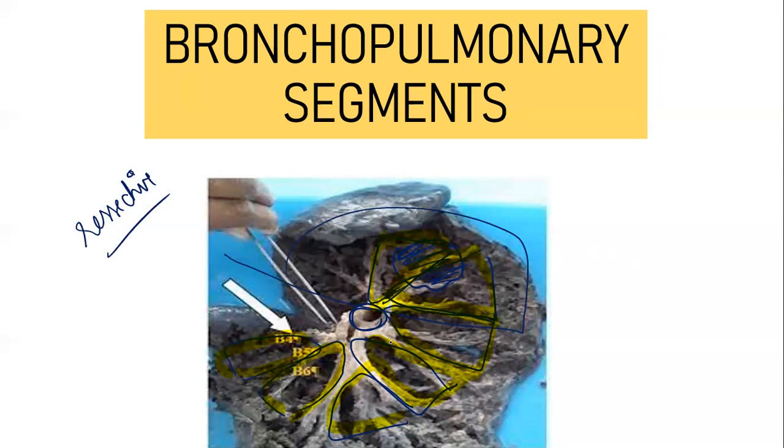I will check whether it has metastasized anywhere. If I confirm that it's a benign tumor, it is sufficient to just remove these two segments. That is what is called resective surgery. So if you want to do a surgical resection, then bronchopulmonary segments are very important. And this is how anatomy plays a very important role in understanding surgery.